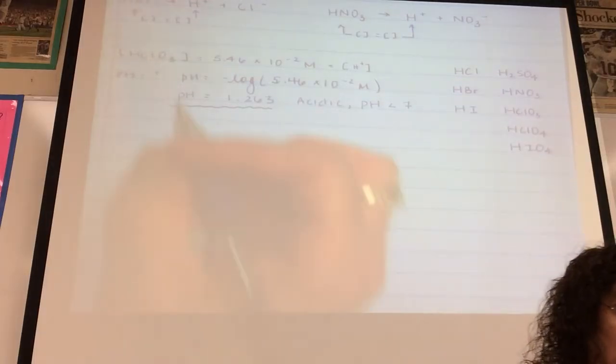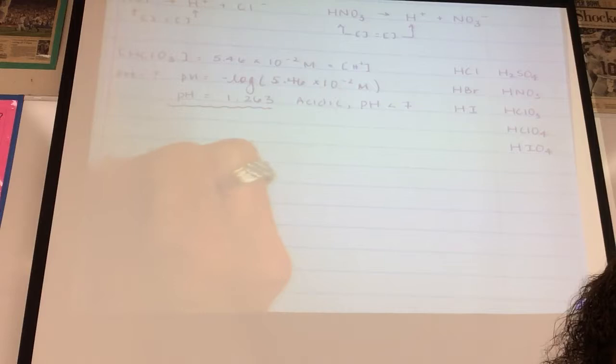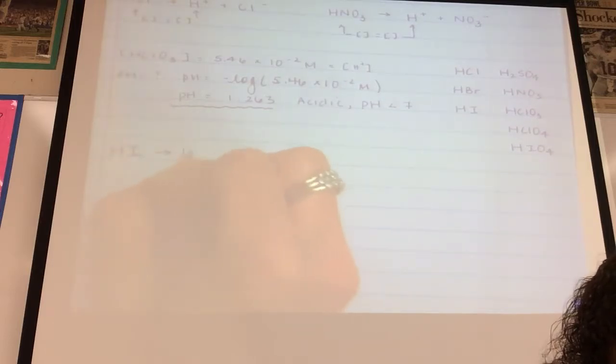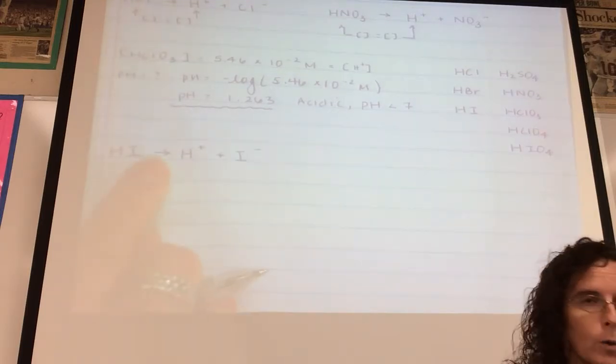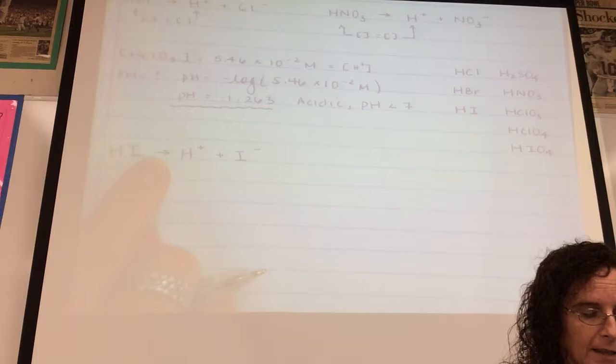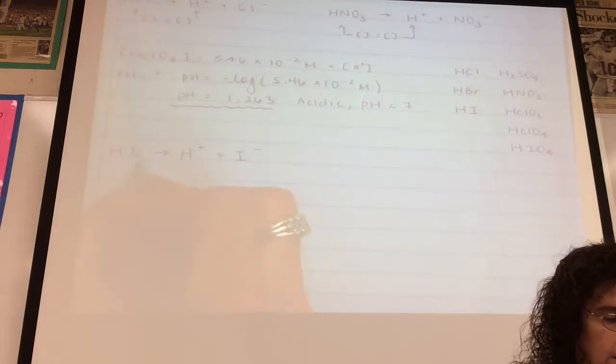The only way you could tell is if you have a strong acid and an equation was shown, the forward arrow only indicates that it goes to completion. This would be AQ for aqueous.